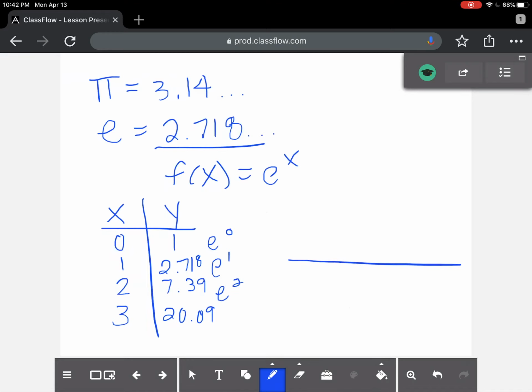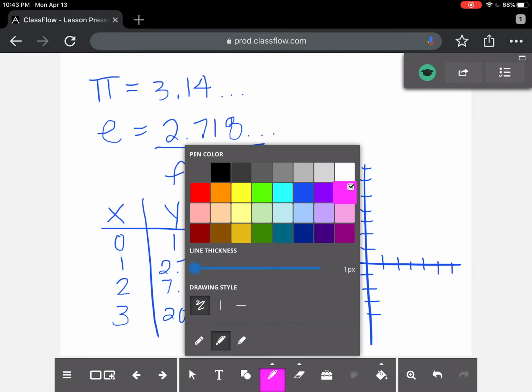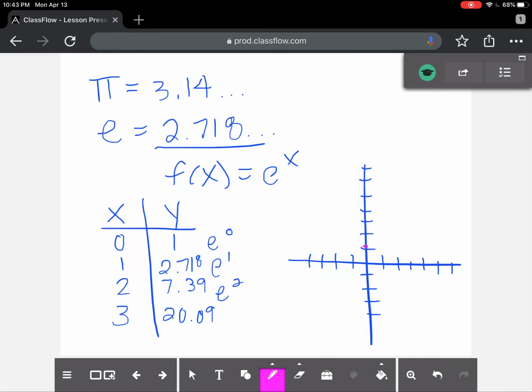And if you end up graphing that, okay, 0, 1, 1, 2.718, something around there, 2, and then 7.39, something around there, 3, and then 20, which is somewhere way up there.